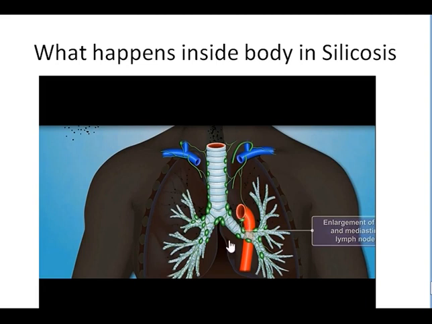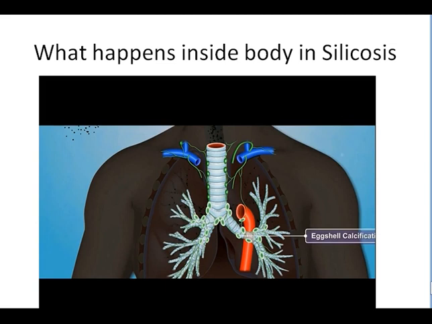These are the hilar lymph nodes, and this is the mediastinal lymph nodes. Both these lymph nodes have enlarged in this view. Additionally, the shape of these enlarged lymph nodes becomes similar to an eggshell, and so we use the term eggshell calcification. This is one of the characteristic findings of silicosis.